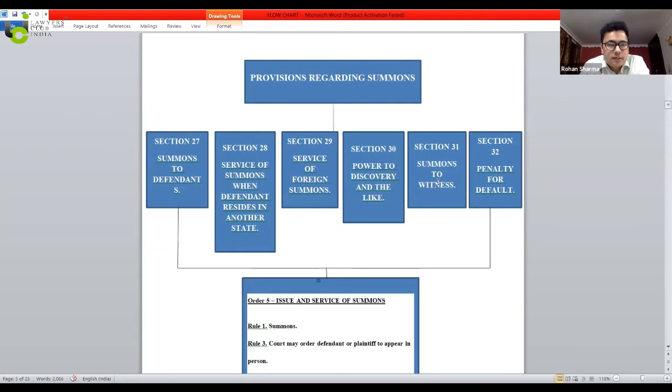Section 27 talks about in what way the summons are to be served. Important thing to note that the wording of Section 27 is very clear that the court may issue summons.